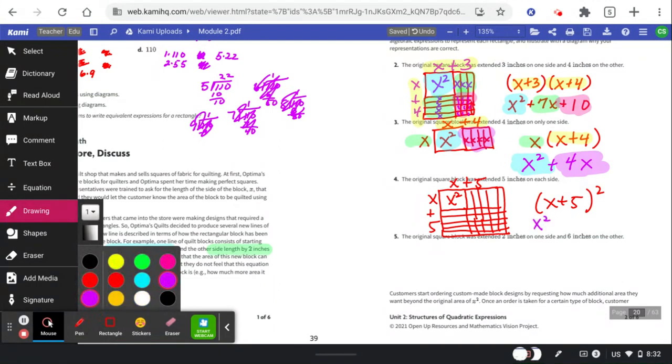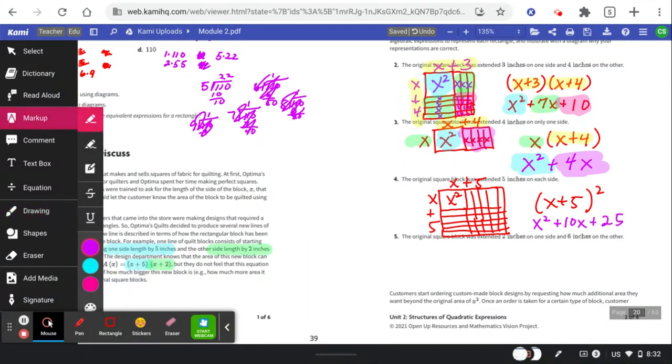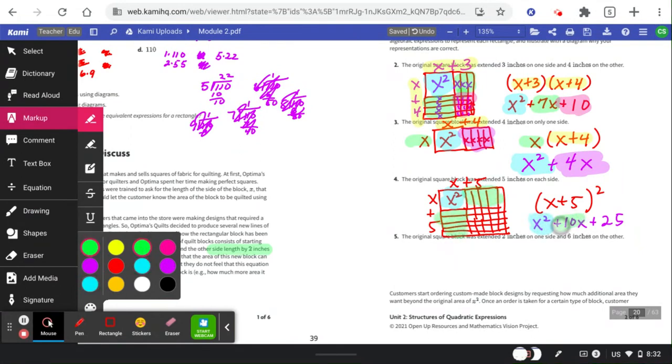And that gives us x squared plus 10x plus 25. And we can see the x squared right here, the 10 x's right there, and the 25 little squares right there.